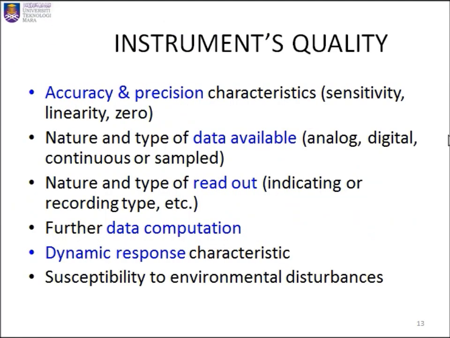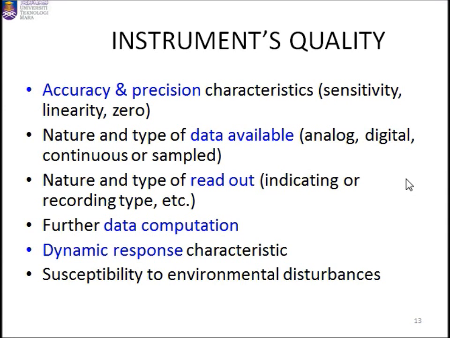First is instrument quality. Accuracy and precision characteristic, sensitivity, linearity, zero. Its nature and type of data available: is it analog, digital, or continuous? Next, what is the nature and type of readout?